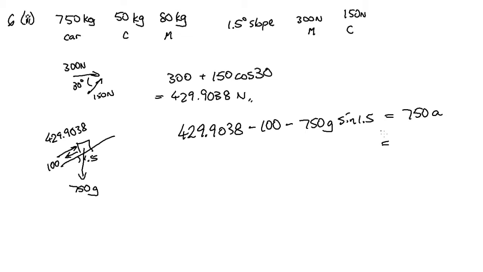So let's plug these numbers into the calculator. This gives us 137.5 equals 750 A, and therefore A is 0.183 meters per second squared.